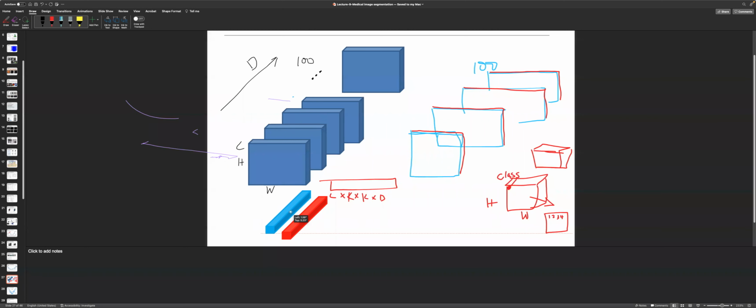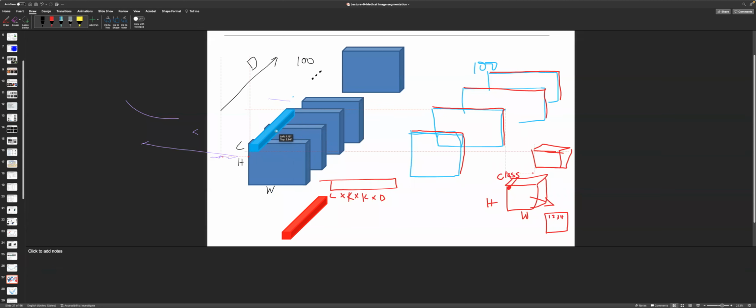So let's say we now have a 3D convolutional kernel. For the 2D case, you can make this disappear, because we are operating on an individual slice. But for the 3D convolutional kernel, the intention is that we want to leverage the information in different slices.